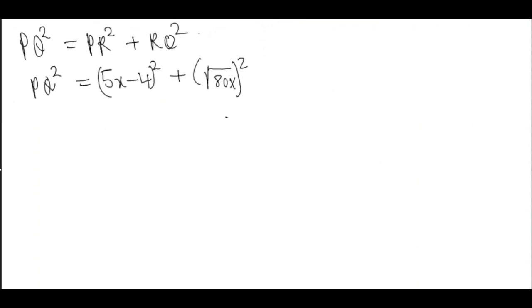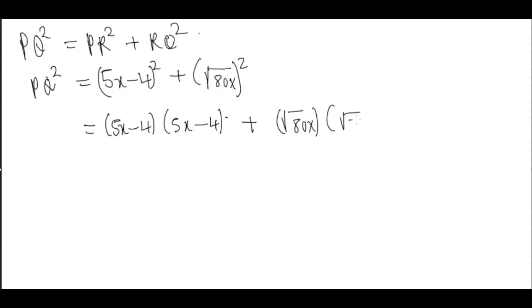So now we need to simplify this expression. So this one is equivalent to 5x minus 4 times 5x minus 4 plus the square root of 80x times the square root of 80x.